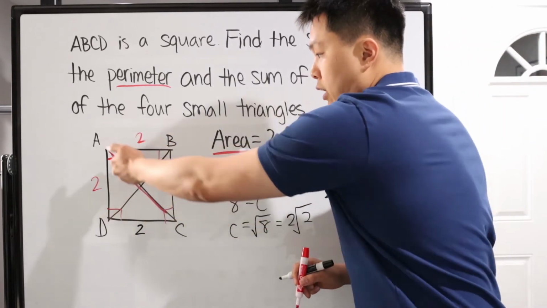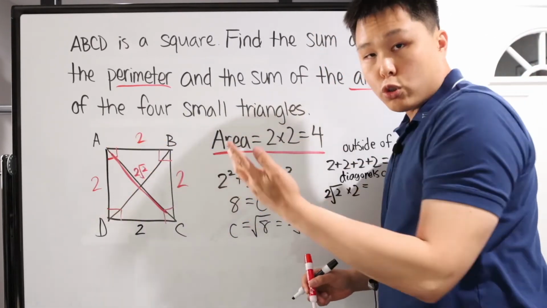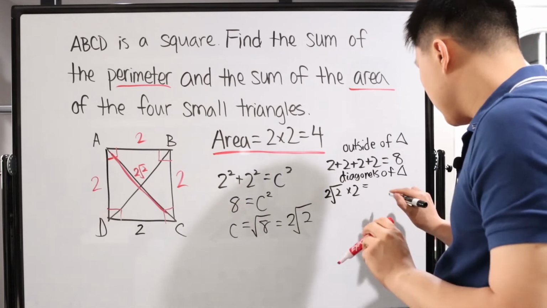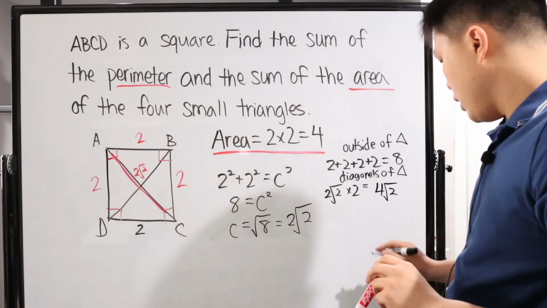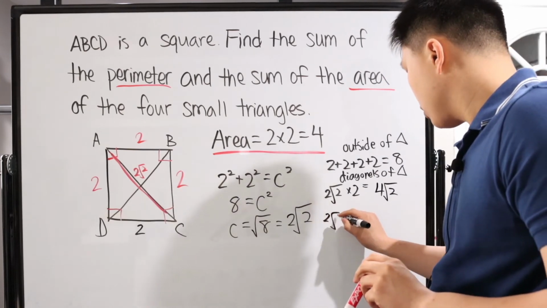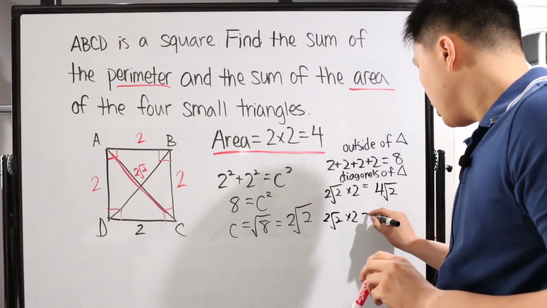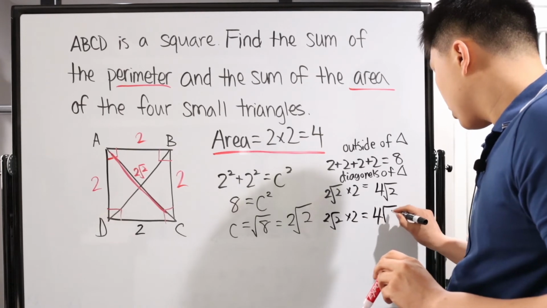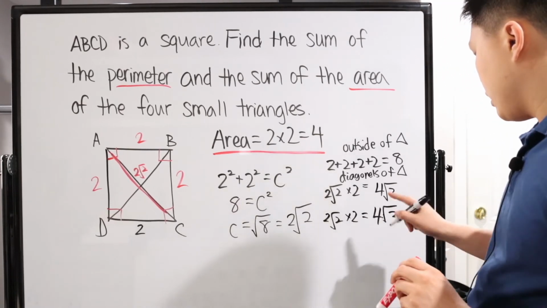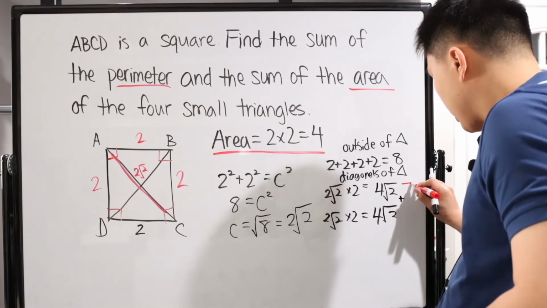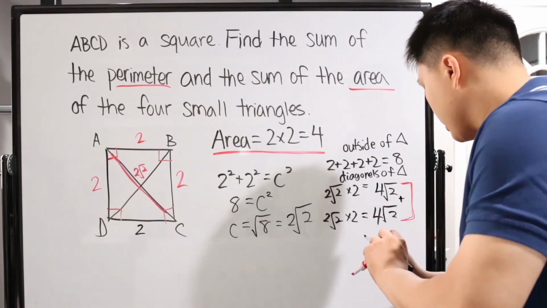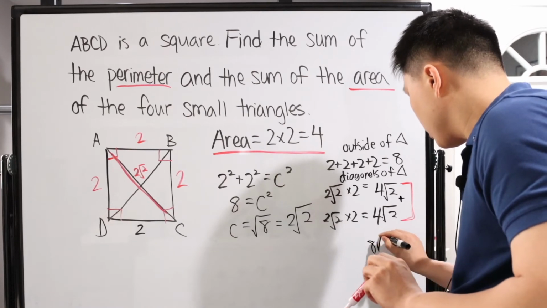That's one of these guys right here. And it's going to be used twice, so we have to multiply by 2. That gives us 4 square root 2. But now there's the other diagonal, same thing. There's 2 of them, so it's going to be 2 square root 2 times 2, which is going to be another 4 square root 2, right? That gives us a total of, if we add these guys together, that's going to give us 8 square root 2.